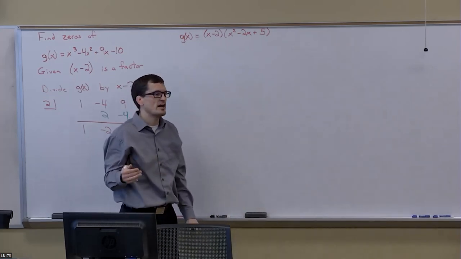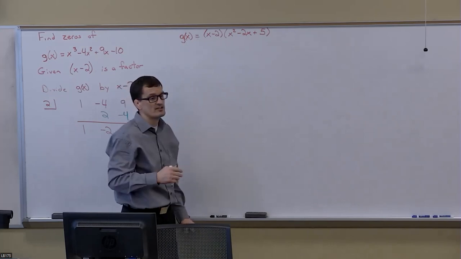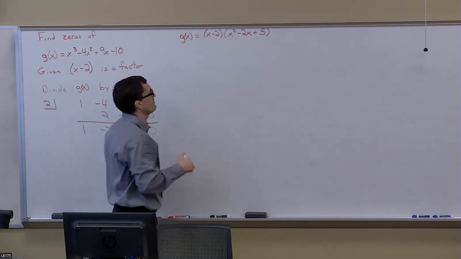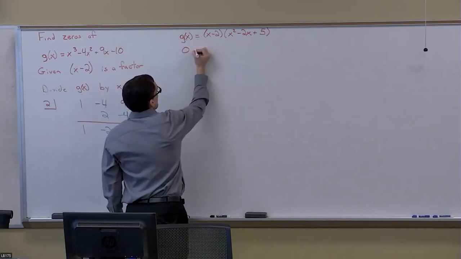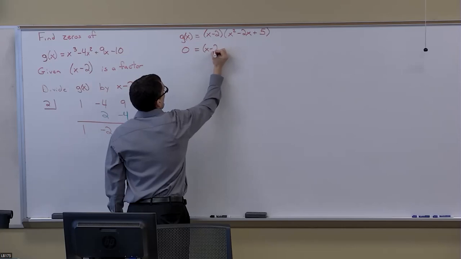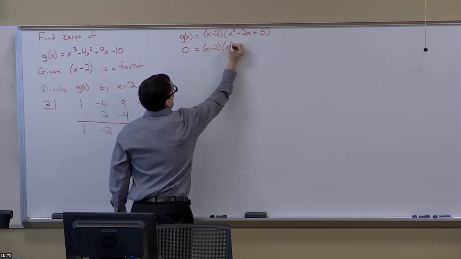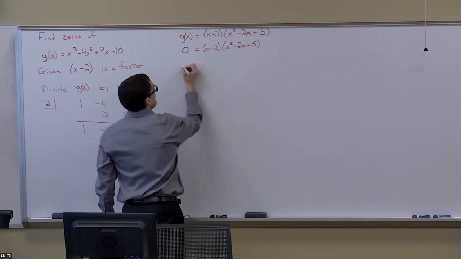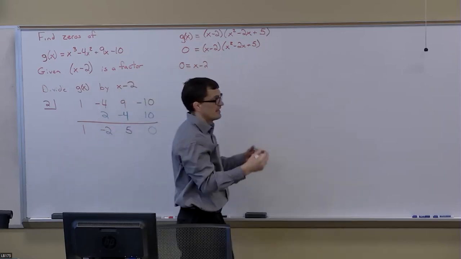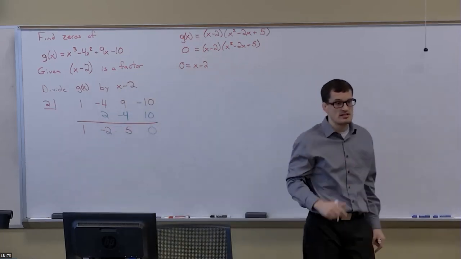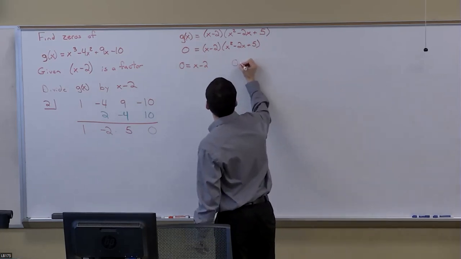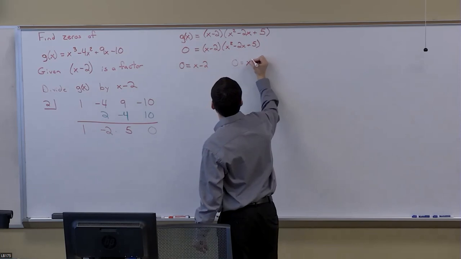So how am I going to find my zeros if it doesn't factor over the integers? But remember, a zero just means I get 0 out of here. So what I normally do, like in the last one, is set each factor equal to 0. Well, we can do that here as well.